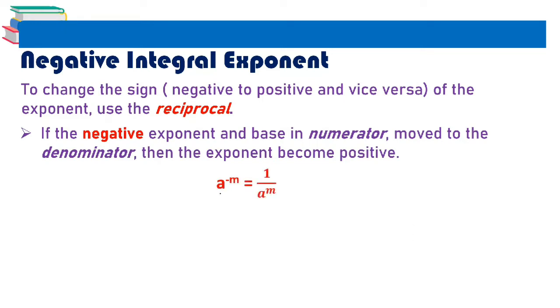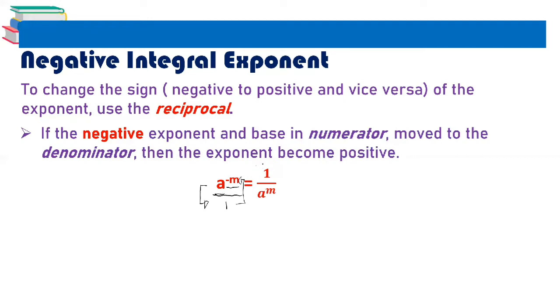So let's have this one. Again, the base with the negative exponent is in the numerator, so this is automatically in the numerator because it is all over 1. What we are going to do is reciprocal it. When we reciprocal it, the numerator becomes the denominator, and the denominator becomes the numerator.